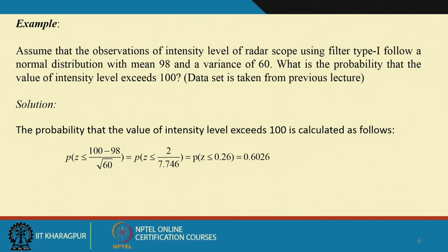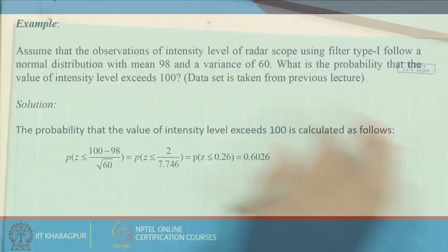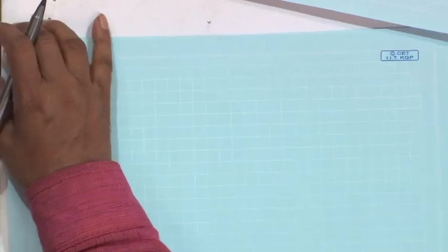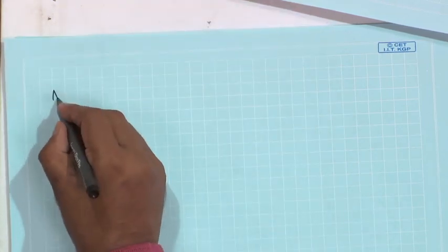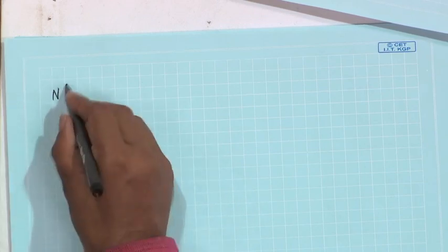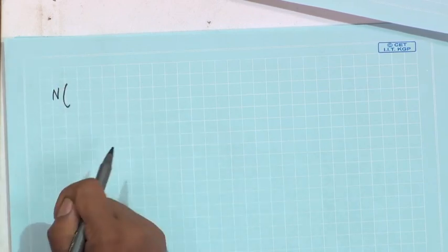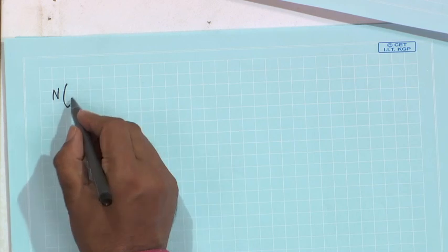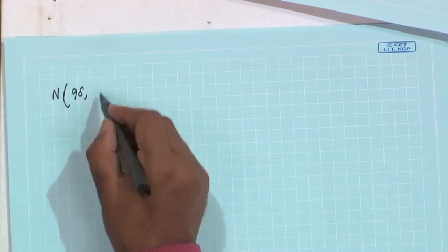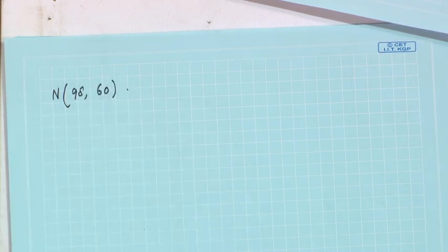Okay. So, what is given then? A process where you are basically observing the target through a radar scope, and at a certain intensity level only you will be able to see the target. So, this is normally distributed with mean intensity level 98 and variance 60.